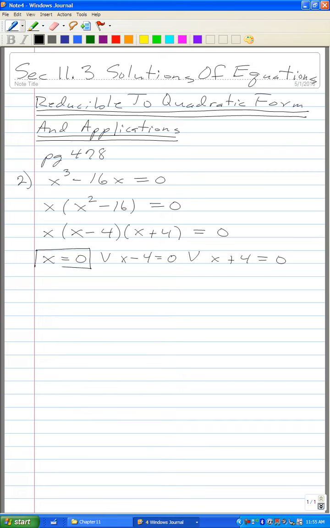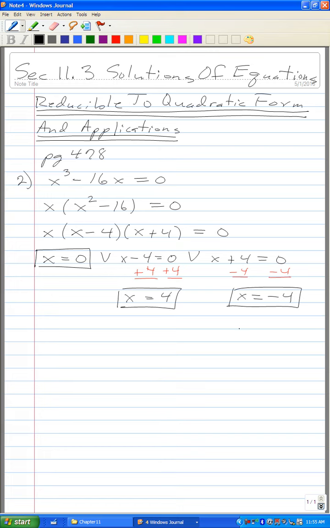So x is 0. Add 4 to both sides of your equation. Subtract 4 from both sides of your equation. X equals 4. X equals negative 4. So I notice that this is a cubic and I get 3 solutions.